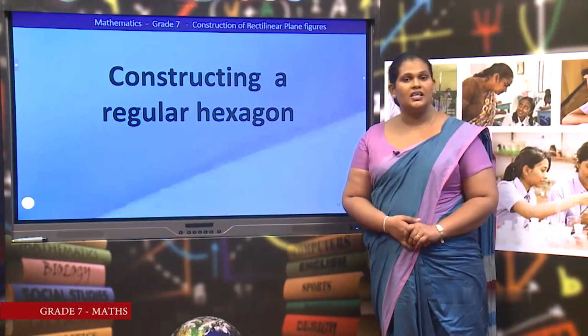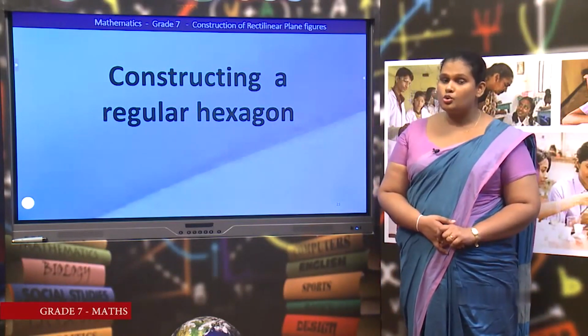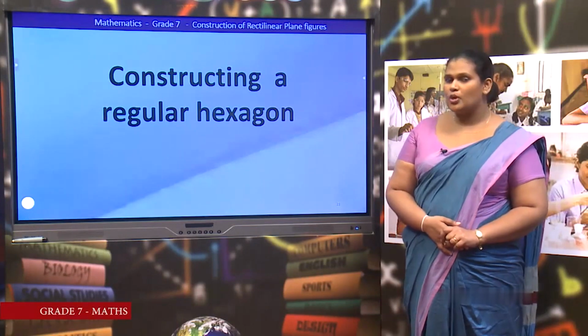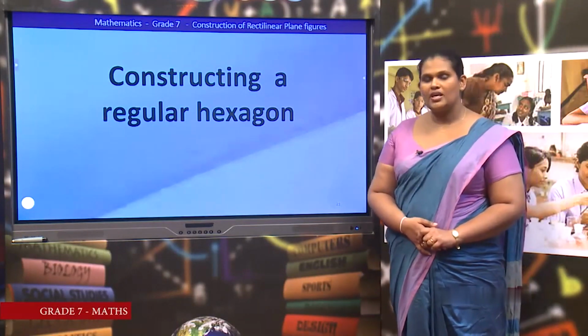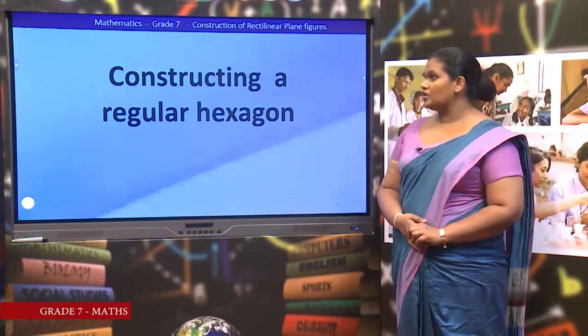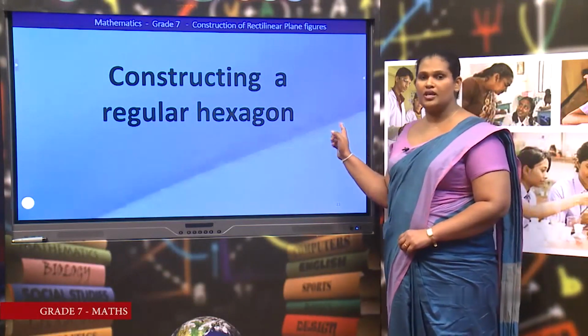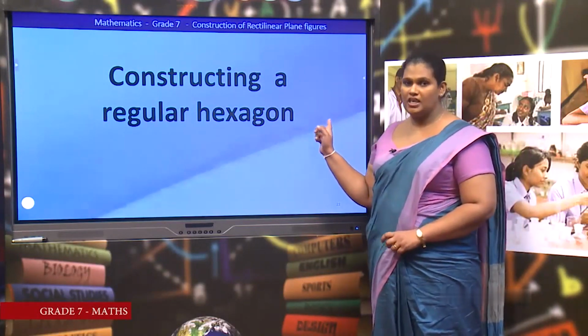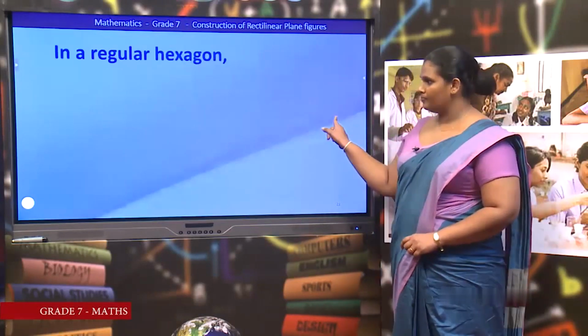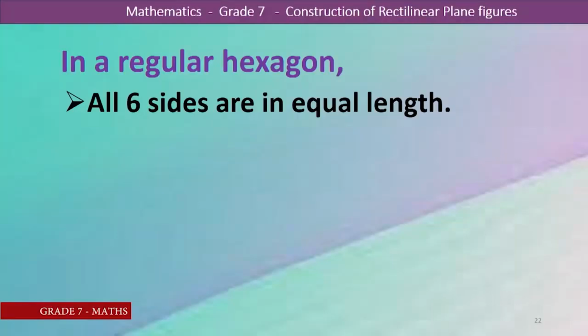Here, we are learning about the construction of a regular hexagon in two ways. So, first of all, we are going to construct regular hexagons using circles. Before moving to the construction, we will go through some regular hexagons that you have seen in your day-to-day life. In a regular hexagon, we know that all 6 sides are equal.